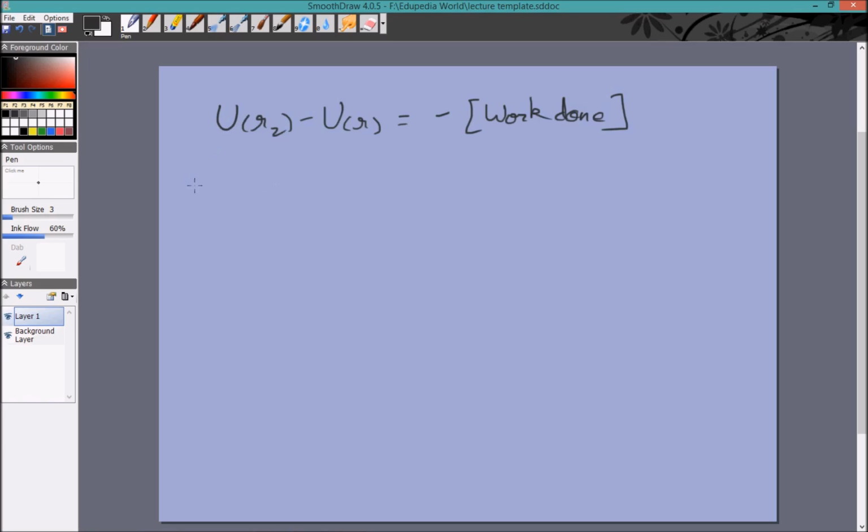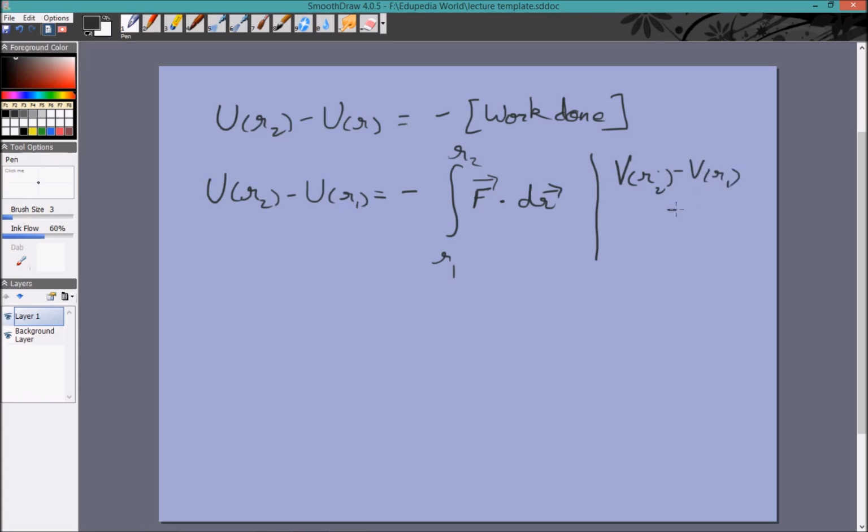So in this case, we can say U of R2 minus U of R1 is equal to minus integral from R1 to R2 of F dot dr, where F is the gravitational force. Right. Now we have the relationship V of R2 minus V of R1 is equal to U of R2 minus U of R1 by M. This M is the mass of the particle which is being analyzed, and similarly we know that the electric field is equal to the force divided by the mass.